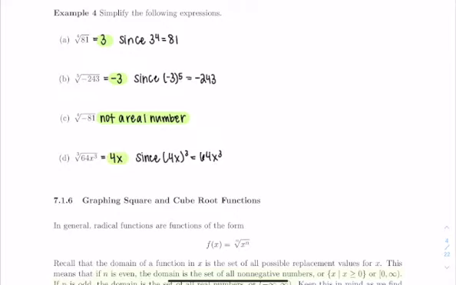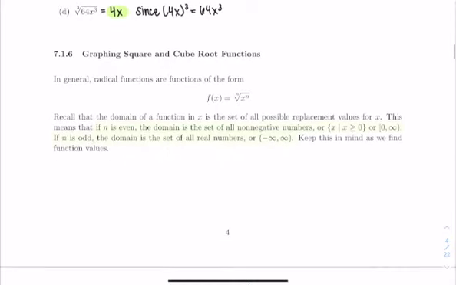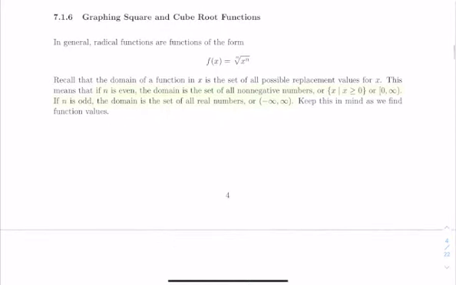In general, radical functions are functions of the form f of x equals the nth root of x to the n. Recall that the domain of a function in x is the set of all possible replacement values for x. This means that if n is even, the domain is the set of all non-negative numbers, or x such that x is greater than or equal to 0, or from 0 to infinity.